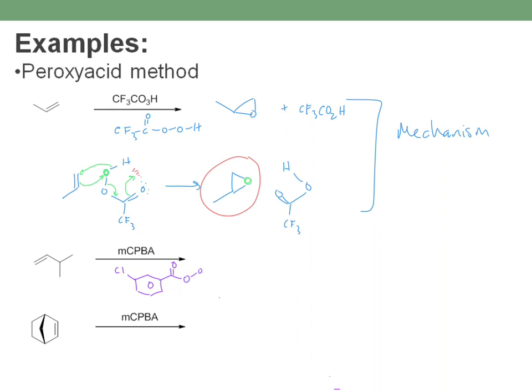This is MCPBA. And the most important thing here is that it's a peroxyacid again. If you react a peroxyacid with an alkene, you're going to form an epoxide.